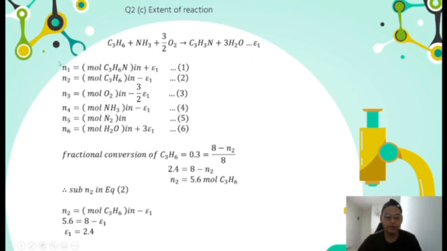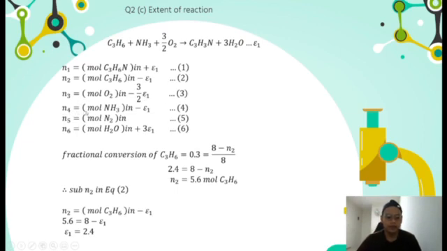So we conclude N1 is equal to mol C3H3N in plus extent 1, in equation 1. N2 is equal to mol C3H6 in minus extent 1, in equation 2. N3 is mol O2 in minus 3 over 2 divide extent 1, in equation 3.